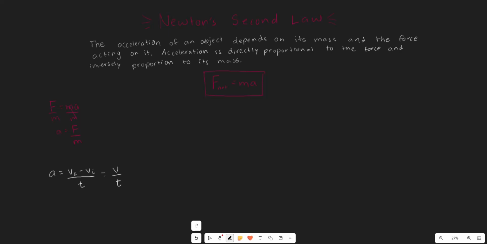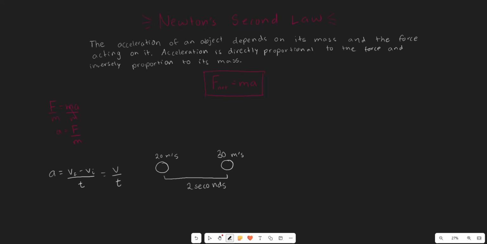Let's explain this with a ball, that's an object that's moving. It starts with a velocity of 20 meters per second, and after 2 seconds it has a velocity of 30 meters per second.